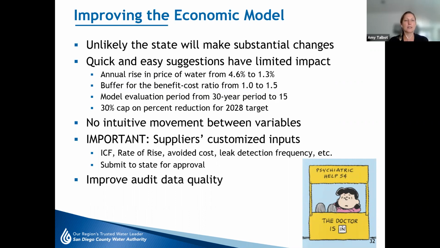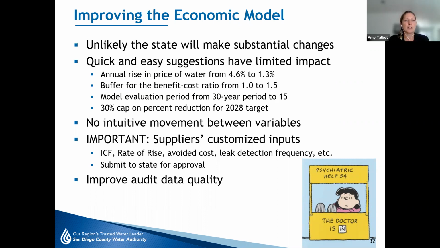We're working with WSO to provide a sensitivity analysis on what these changes would do, again, using the default data, and see, are some of these worthy of pursuing? We don't really know. And so that's something we're entertaining right now, again, with WSO and the Water Loss Coalition. And we have presented some ideas to the State Water Board, staff, and board at this time.